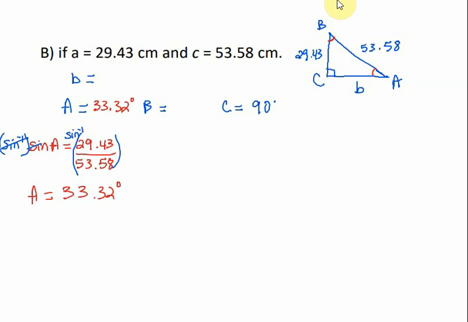So if I take 90 degrees and I subtract 33.32 from it, that will give me angle B. And I get 56.68 degrees.